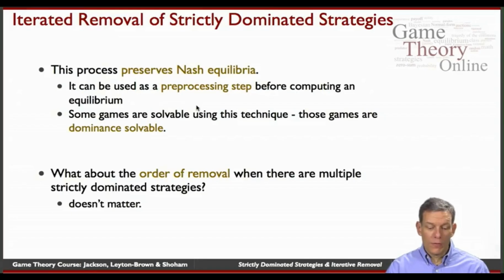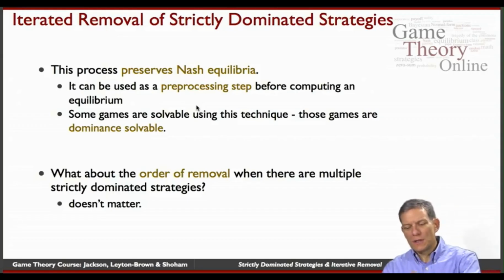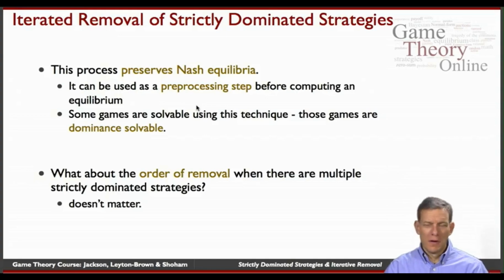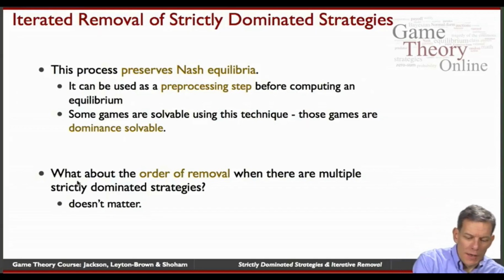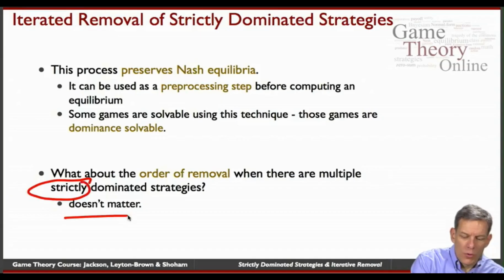What about the order of removal? So, we did things in a very particular order, just noticing that the column player had one, the right play, was strictly dominated, and so forth. What if we started with a different player, or would it make a difference? If we're dealing with strictly dominated strategies, then order doesn't matter.